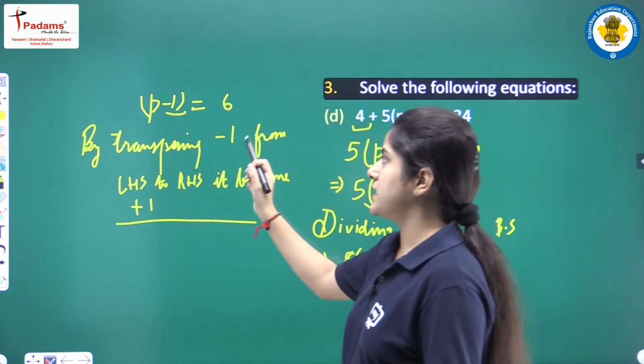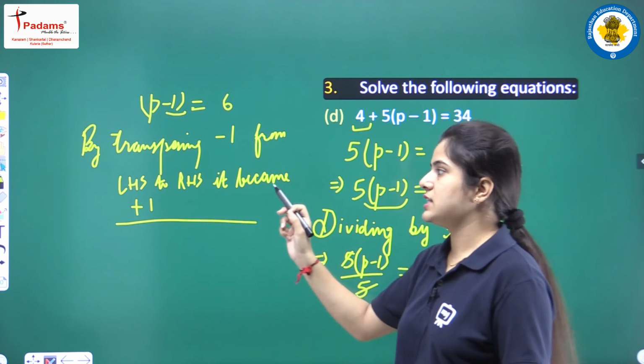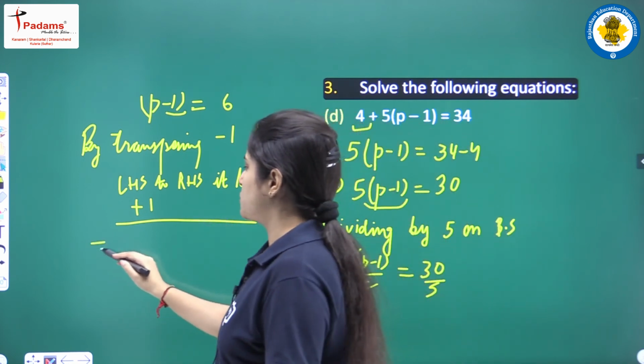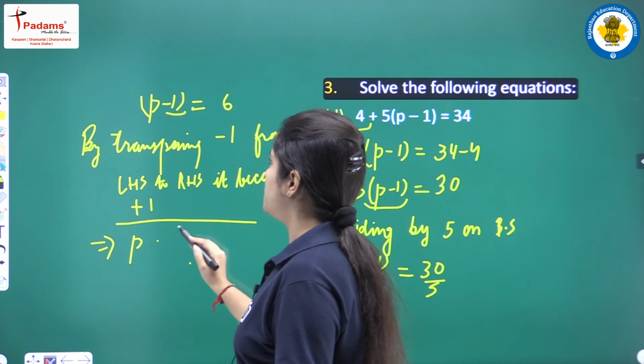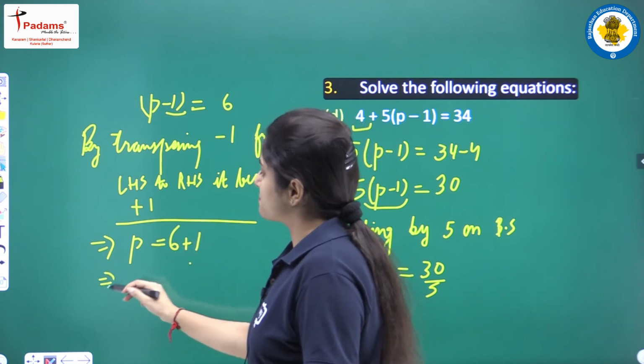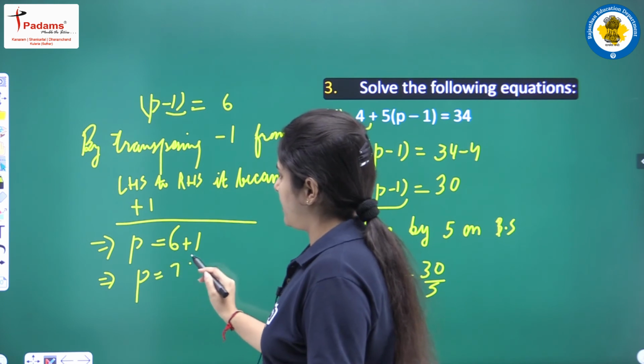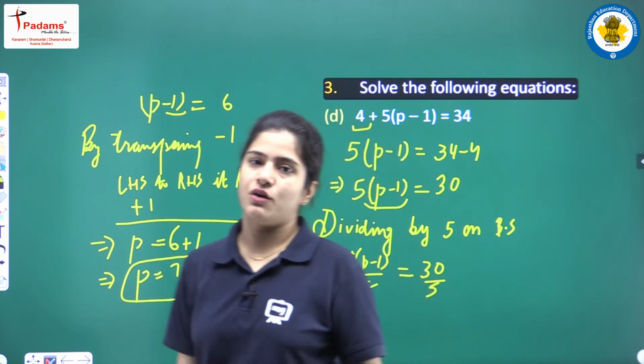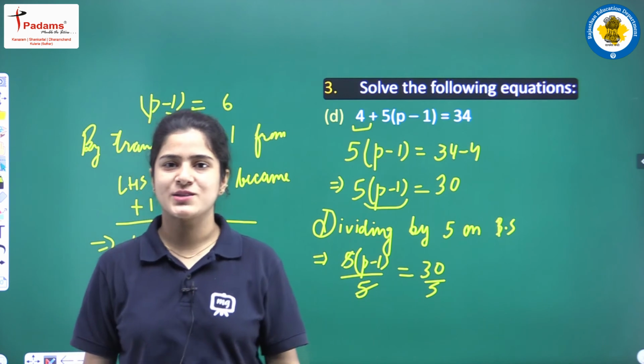So by transposing minus 1 from left hand side to right hand side, it became plus 1. So students, P is equal to 6 plus 1, okay students. So students, 6 plus 1 is 7, and this is the result of this particular equation, okay students.